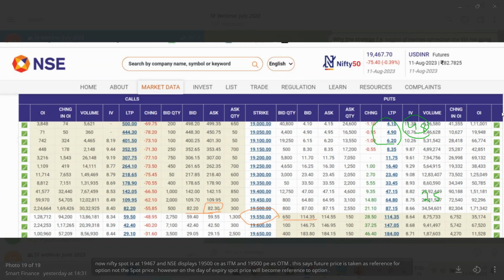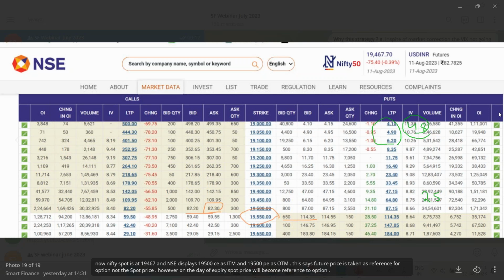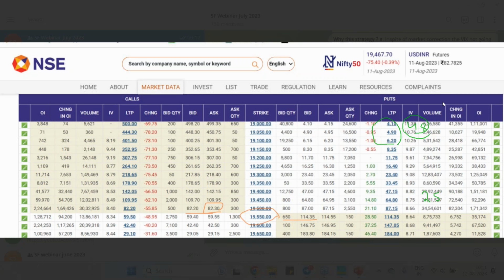To clear his doubt, I have told. So have a look here. What is the Nifty spot?